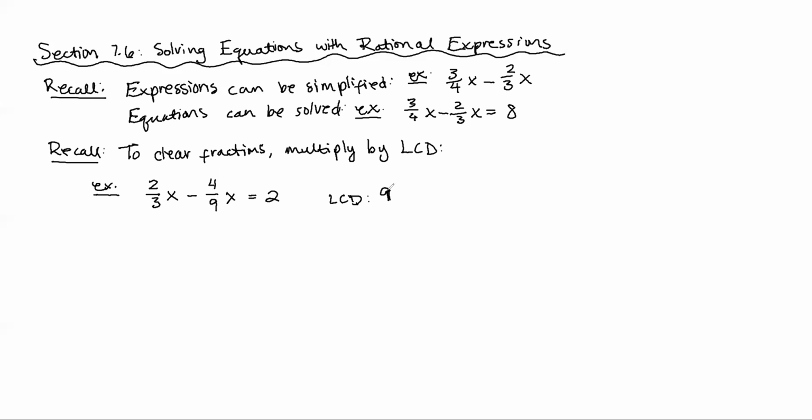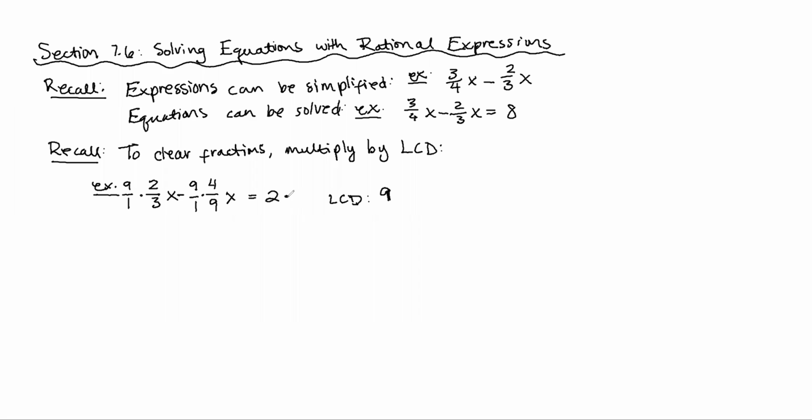So now we want to go ahead and multiply every single term, even if it is not a fraction, by this LCD. So I'm going to go ahead and put this in on the left here. So we're going to have times 9/1. And then this 4/9, we're going to multiply it by 9/1.